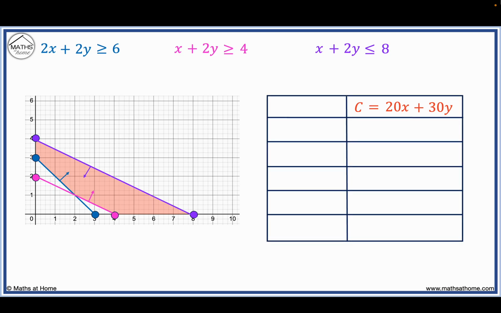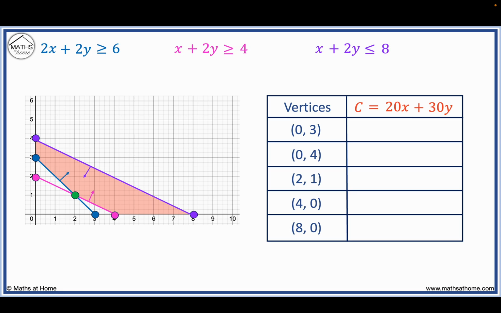To find the optimal solution, we substitute the x and y values of the vertices into the objective function. The vertices are the coordinates of the corners of the feasible region. So we have (0, 3), (0, 4), (2, 1), (4, 0), and (8, 0).